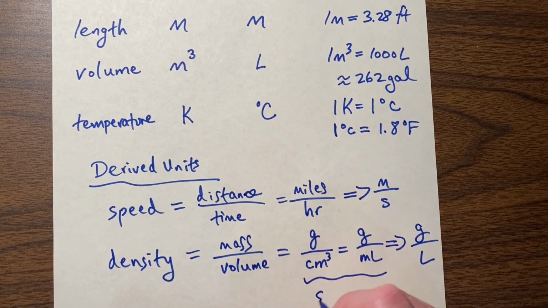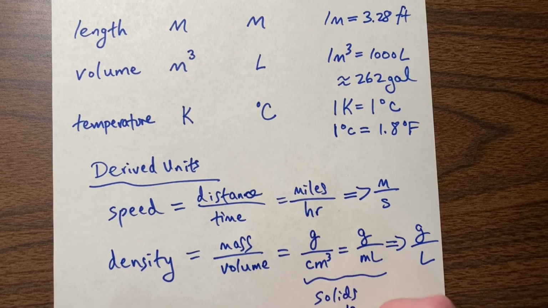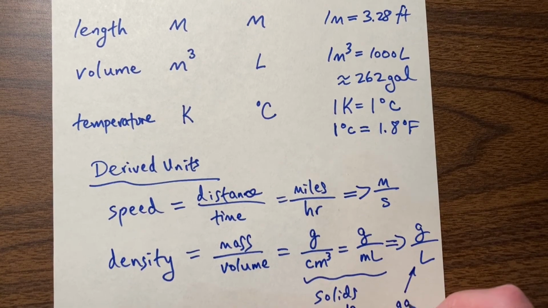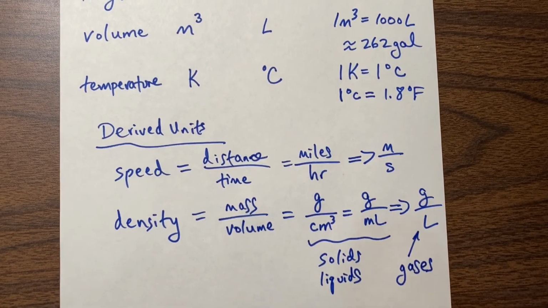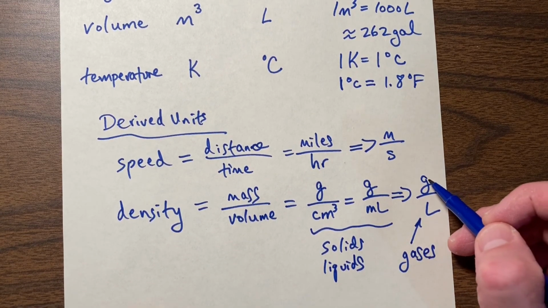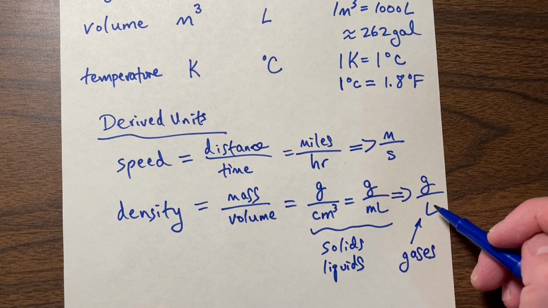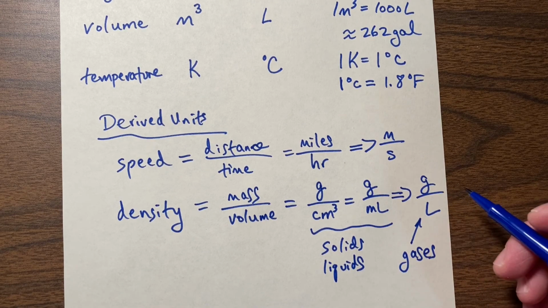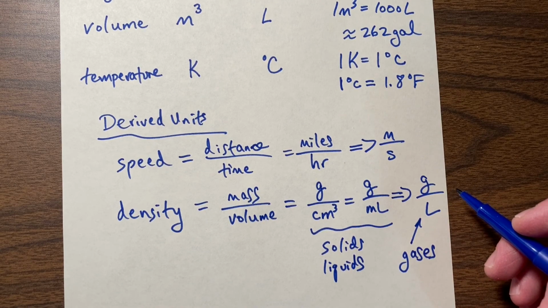These are used for solids and liquids. This unit is useful for gases, and the reason is because gases have such a low mass, it takes a large volume to make a reasonable number to measure, so we use grams per liter.